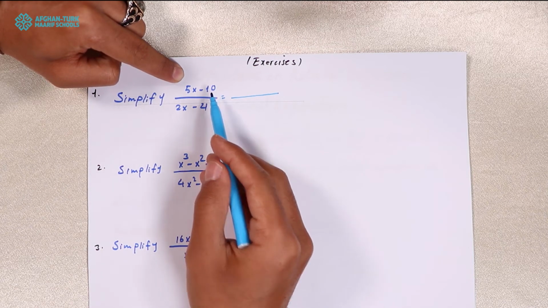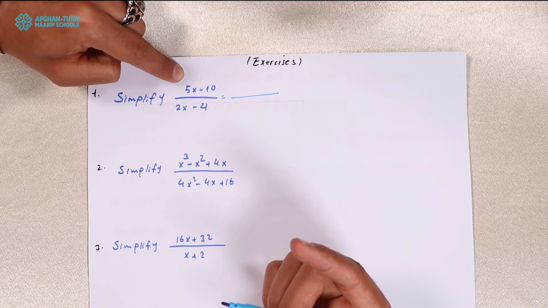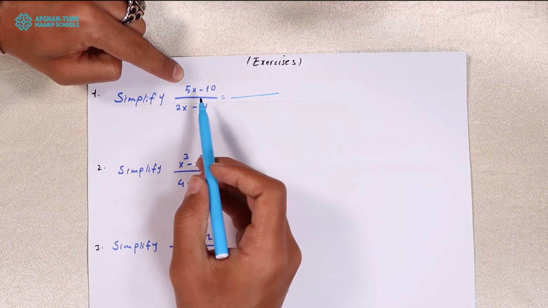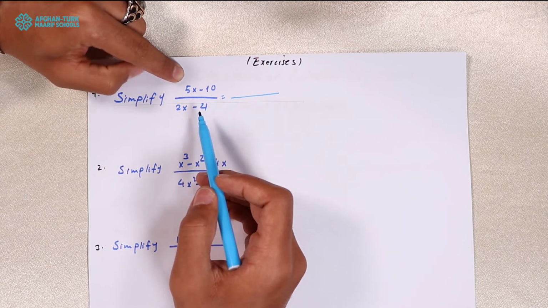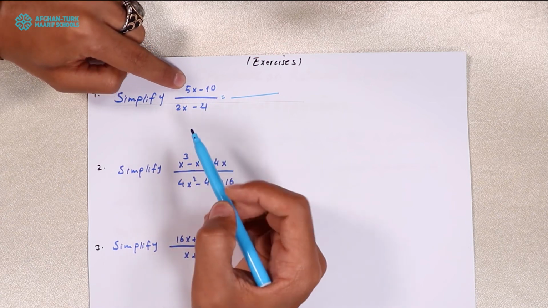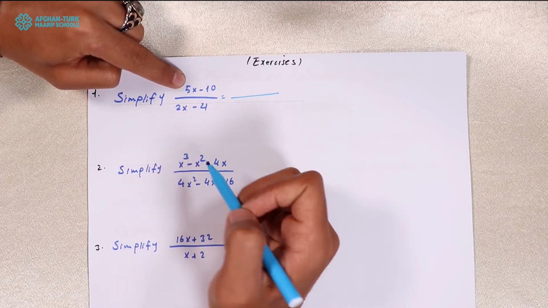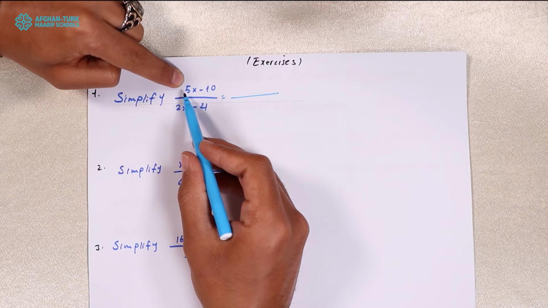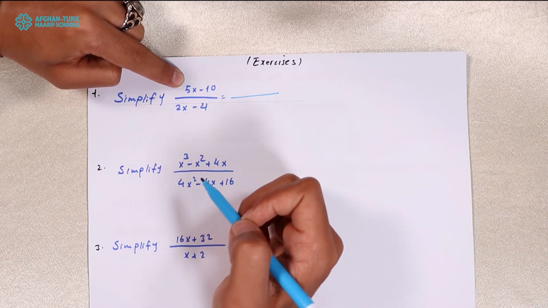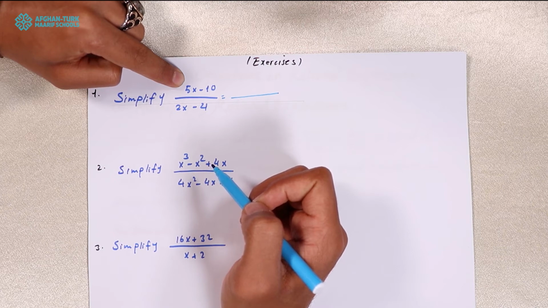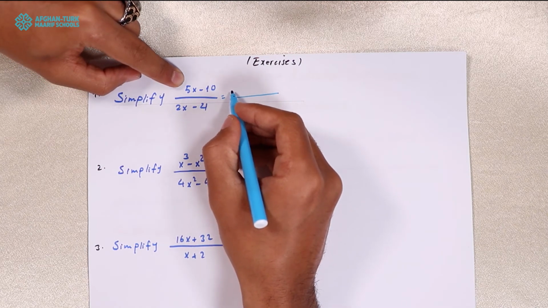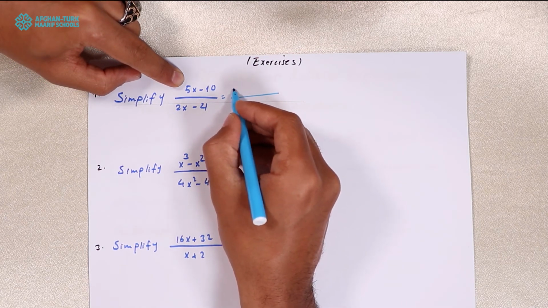In the second term we just have one real number. So we cannot take the variable as a common factor. But 5 and 10, we can take 5 as a factor, because the GCF or greatest common factor of 5 and 10 is 5. We are going to factor the 5.